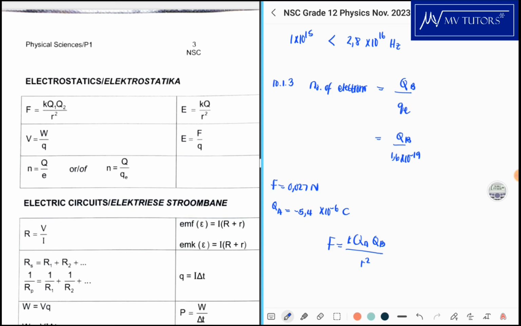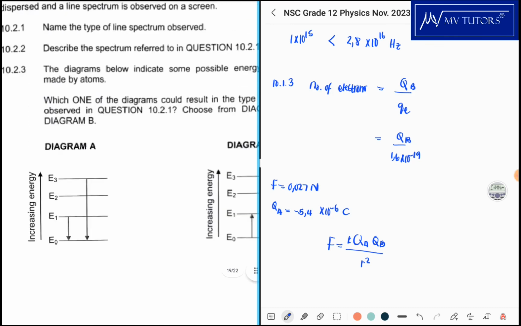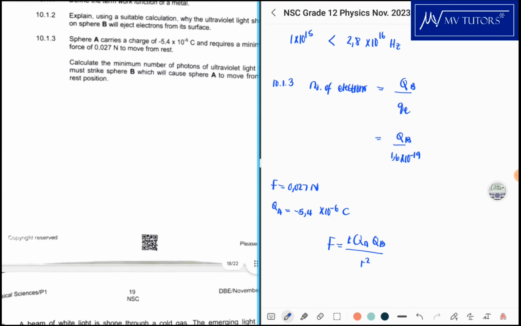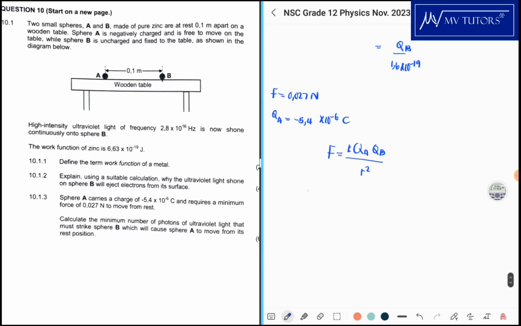Okay, let's go back to our diagram so that we can see what the distance is, because I have forgotten. All right, so the force they said is 0.027. K is 9 times 10 to the power 9. Charge on A they gave us. We don't have to put in the negative sign. And then charge on B is what we're looking for.